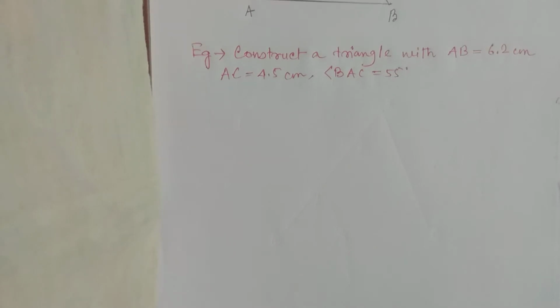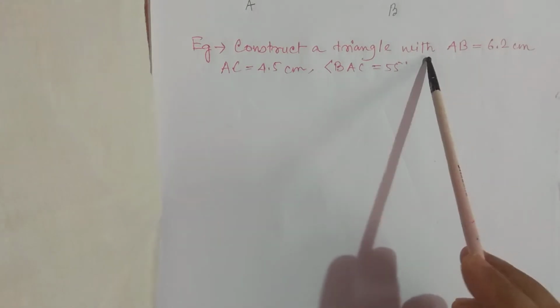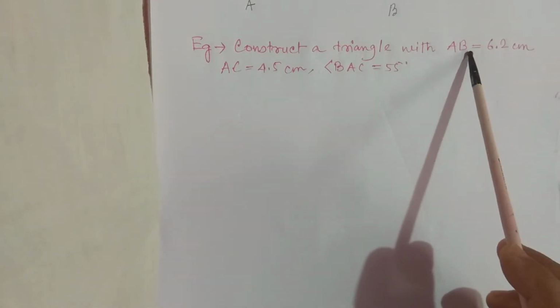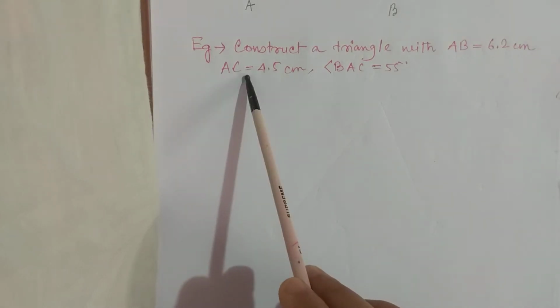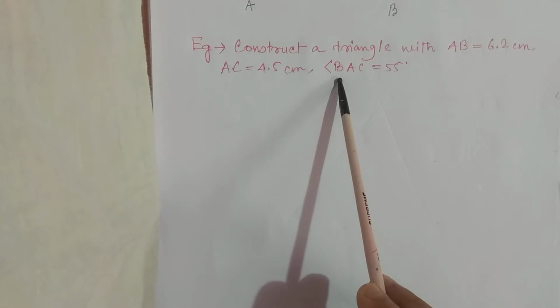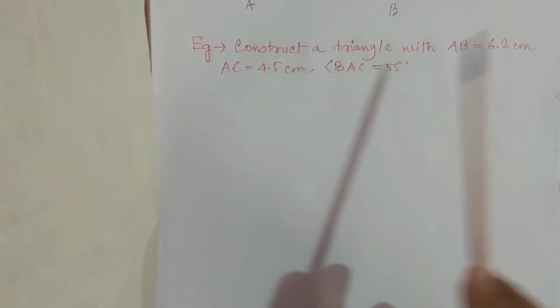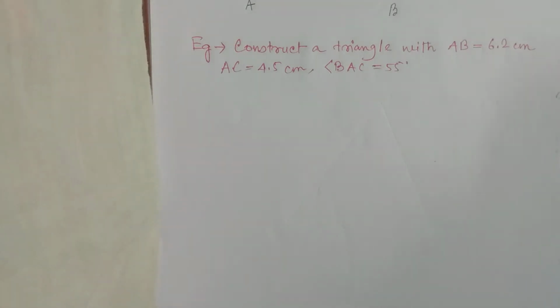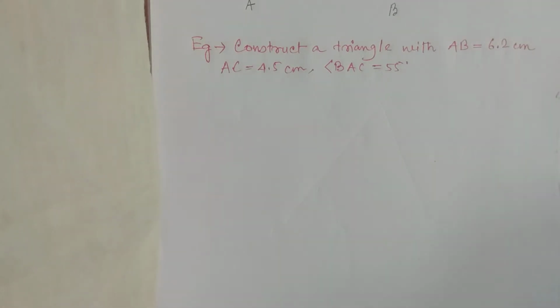So here is the example. Construct a triangle with AB equals to 6.2 centimeter, AC equals to 4.5 centimeter and the angle between them, that is BAC, equals to 55 degrees. So here one is 6.2, one is 4.5.